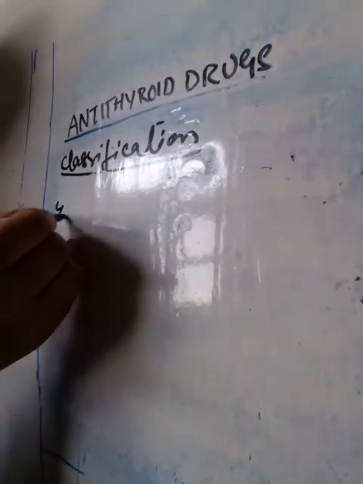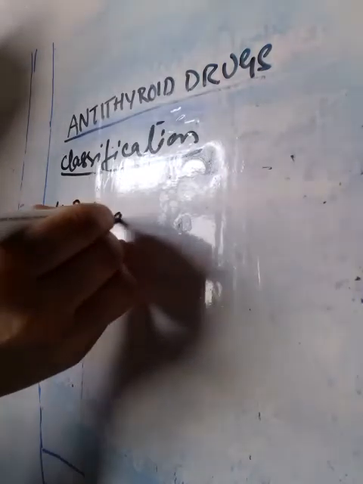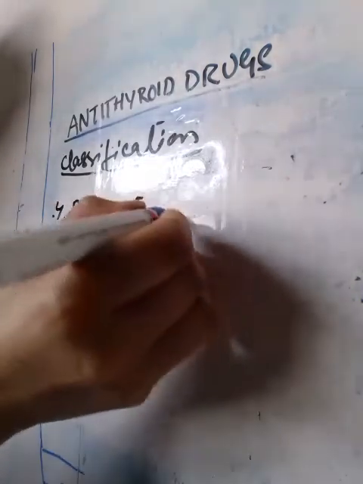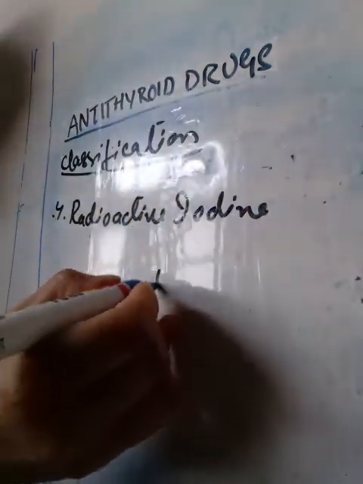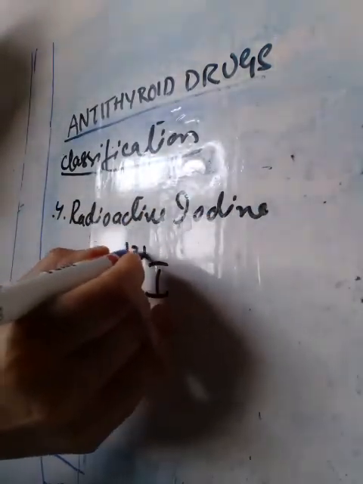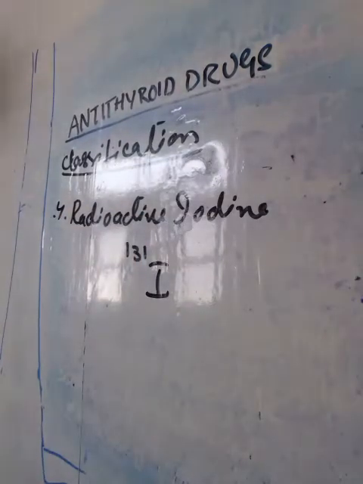Fourth is radioactive iodine. In this we have iodine 131. This is a radioactive isotope of iodine.